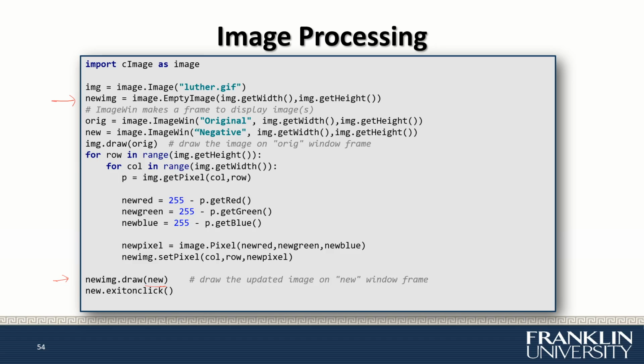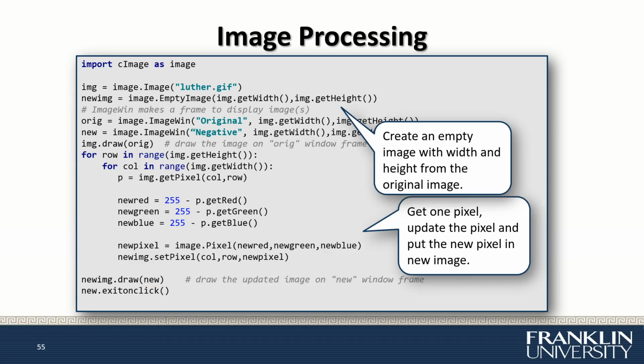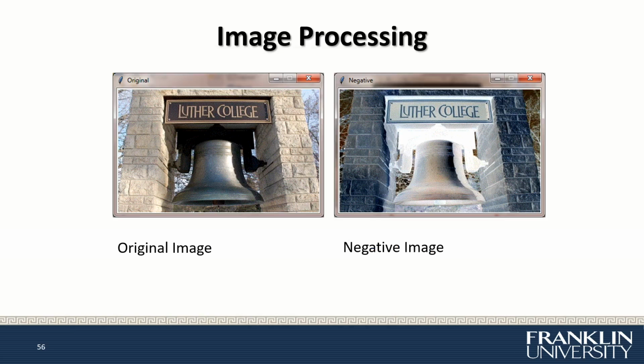The code that manipulates each pixel did not change. The end result is the same. I create an empty image with the width and height from the original. Update one pixel at a time. The outcome did not change, but I did not change the original file image.